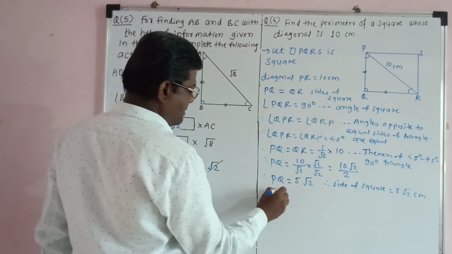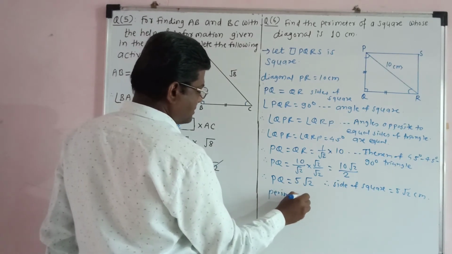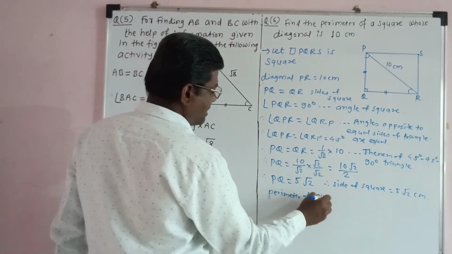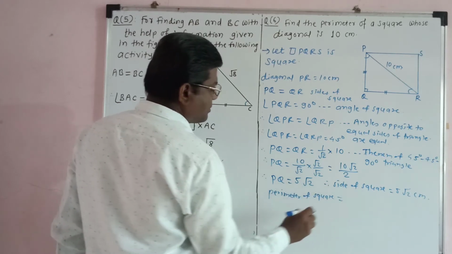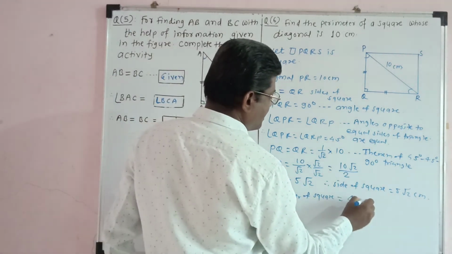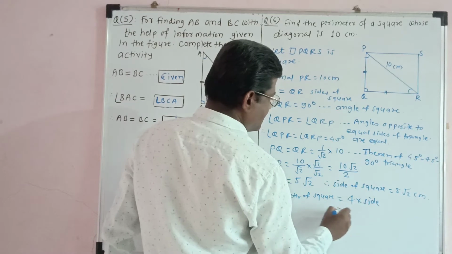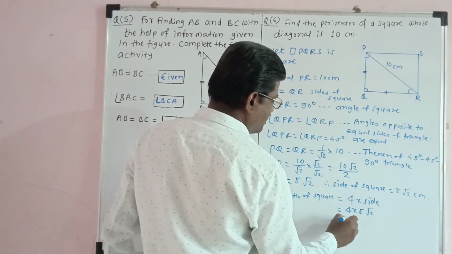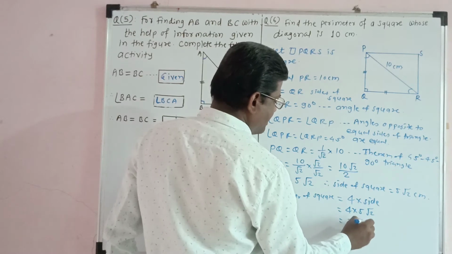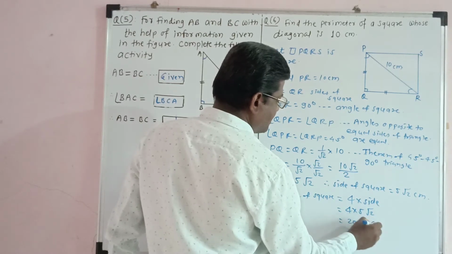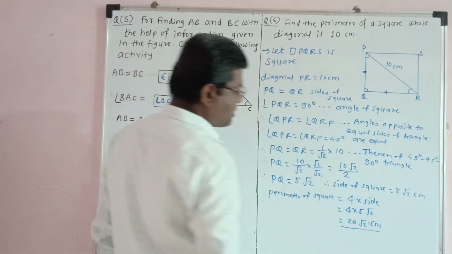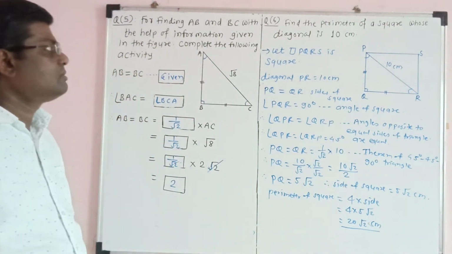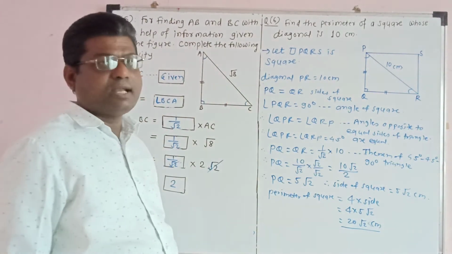Now we have to find the perimeter. Perimeter of a square is equal to 4 into side, which is 4 into 5 root 2, that will be 20 root 2 centimeter. So the perimeter of the square is 20 root 2 centimeter.